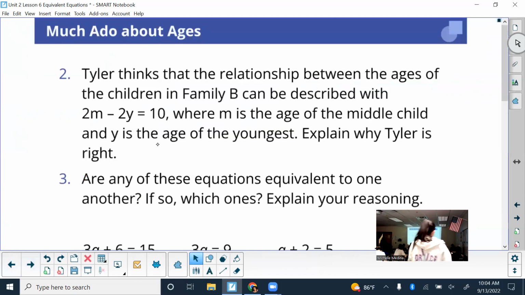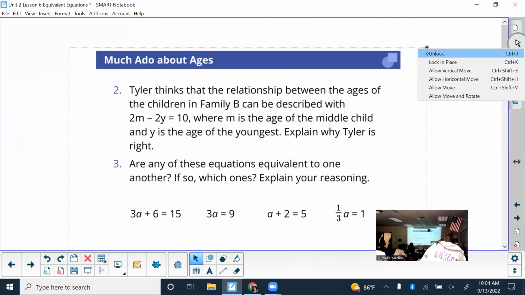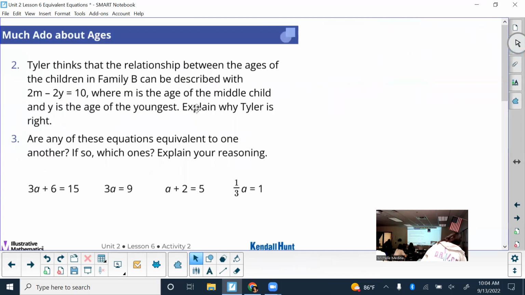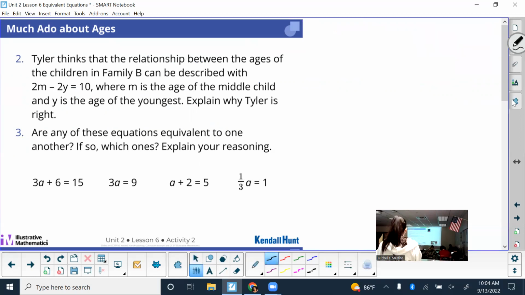Now, this is a continuation of our last example, which is also printed on your paper. So Tyler thinks the relationship between ages of the children in family B can be described like this, where M is the age of the middle child and Y is the age of the youngest. Explain why Tyler is right.